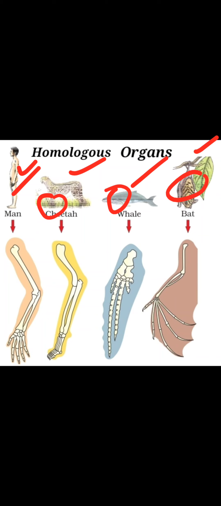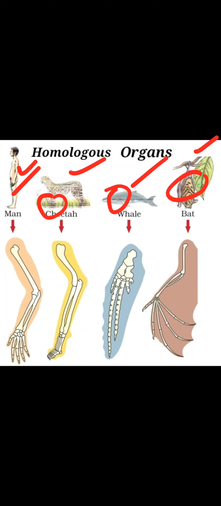They all have different functions because they adopt different environments. Whale lives in the water, bat flies, lives on the trees. So cheetah जो है ज़मीन पे है, human भी. So they all have four limbs, but their four limbs are modified in different organs depending upon their different environmental conditions.